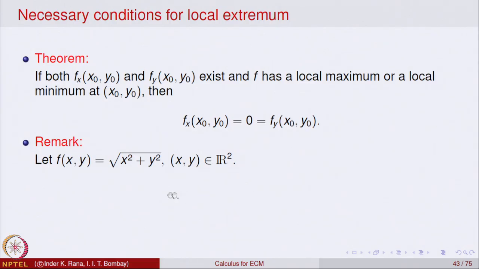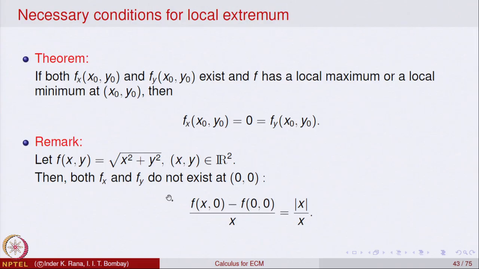But keep in mind that if we look at, for example, the function square root of x² + y², this function does not have partial derivatives at the point (0, 0). That you can easily check, because the ratio (f(x, 0) - f(0, 0)) divided by x will be equal to |x|/x, and that limit does not exist at the point (0, 0).